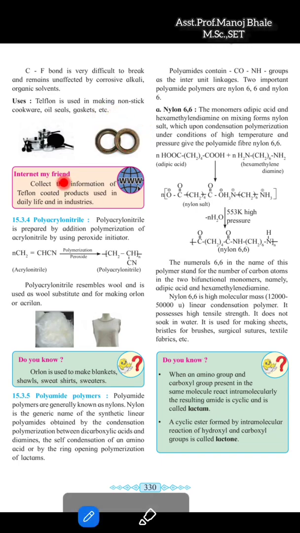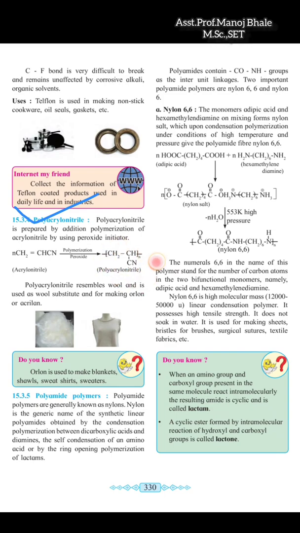Next polymer is polyacrylonitrile. This polyacrylonitrile is also a polymer which we use. How do we prepare polyacrylonitrile? We use acrylonitrile. Polymerization takes place in the presence of a peroxide, and there is a formation of polyacrylonitrile.